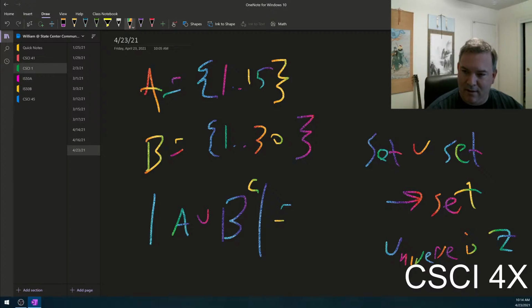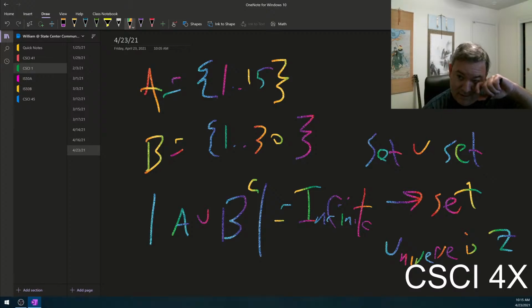So how many integers are either in A or not in B? This is infinite. Right? It's how many numbers are not in B. There's an infinite number of them. There's 30 people in B, so there's infinity minus 30, which you can't really do, in B complement. Okay?